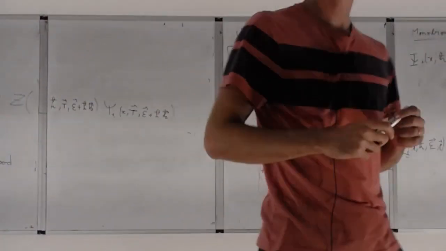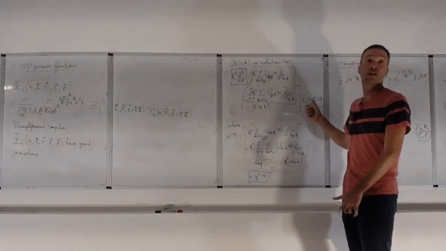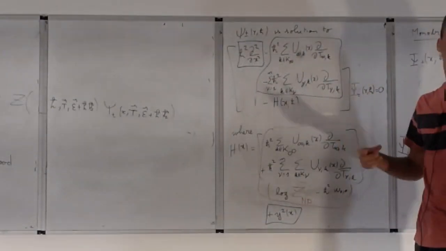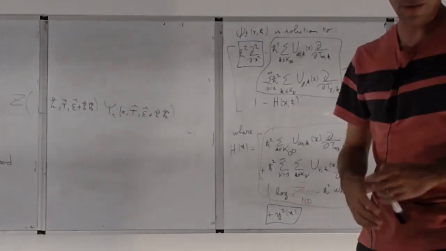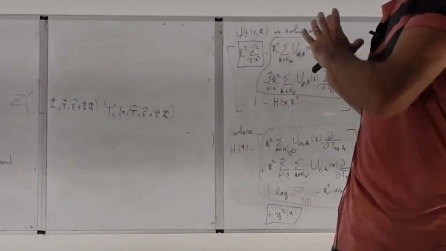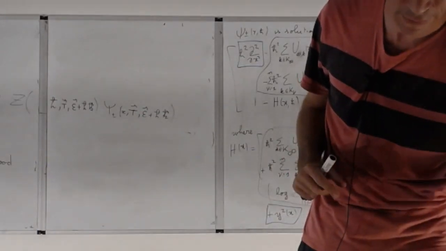And this is what makes this equation, so far, a PDE and not an ODE that we would like. So the second step is how can we remove them in order to obtain an ODE. Okay.